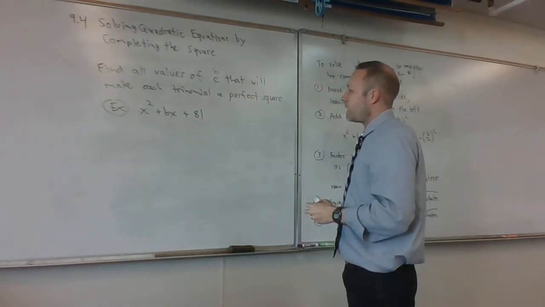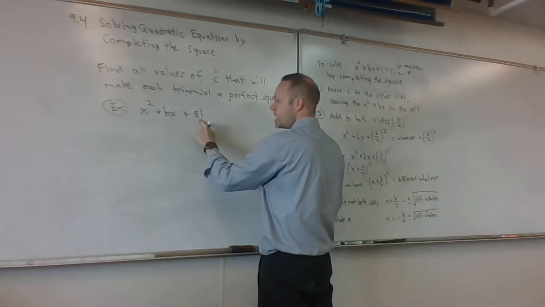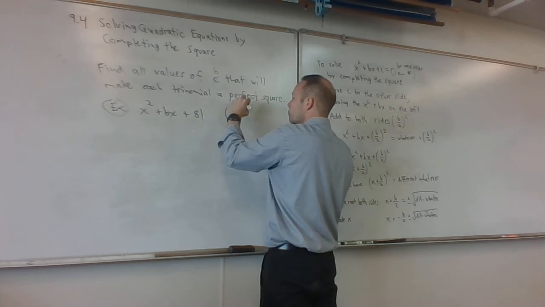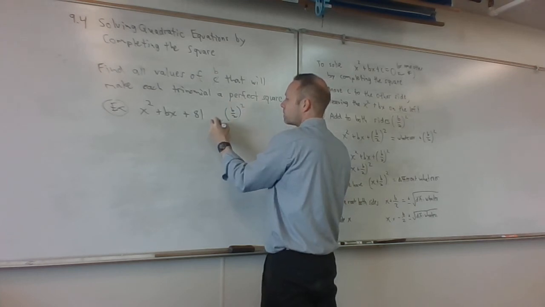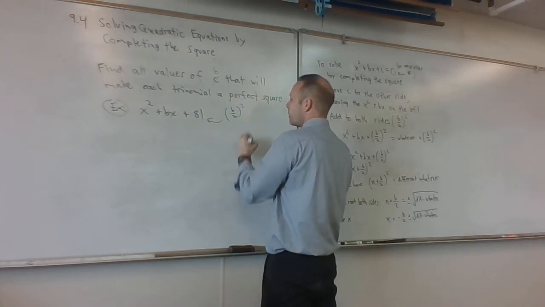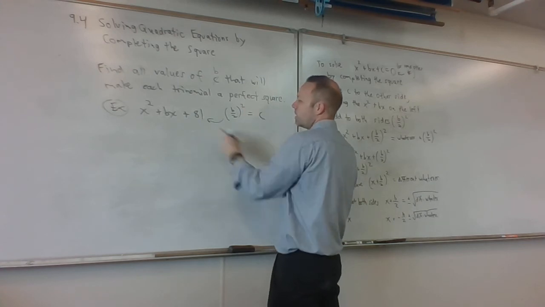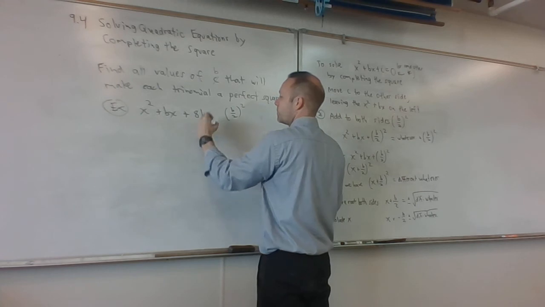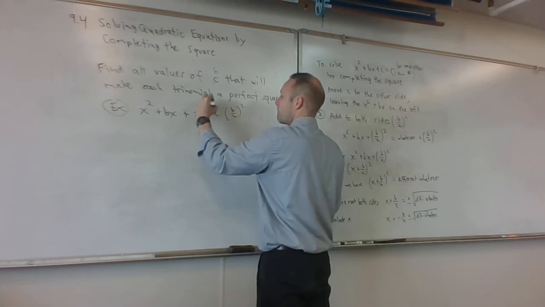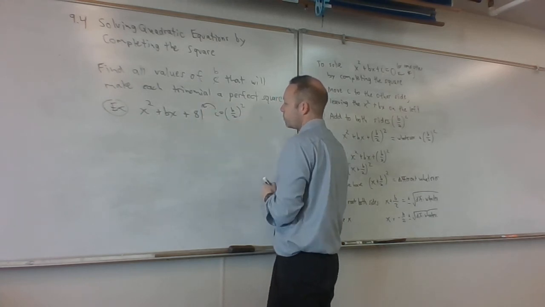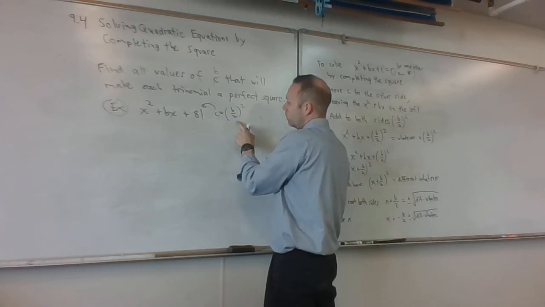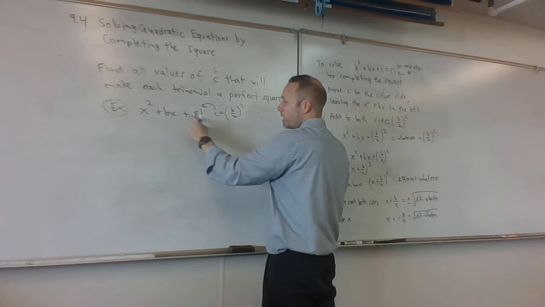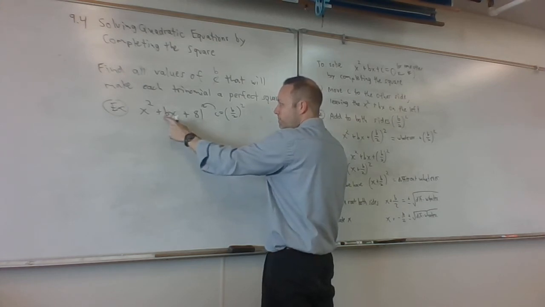All right, let's see what we have there. Well, we know that what goes here is a b over 2 squared, right? So we already have that this is C, and that's the same thing as b over 2 squared. Okay, let's turn this into an equation to find what b value we want if we know what C is and we don't know what B is.